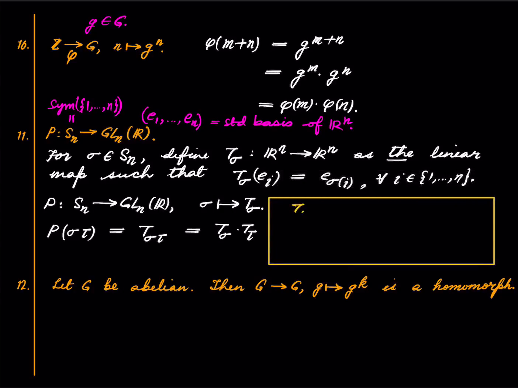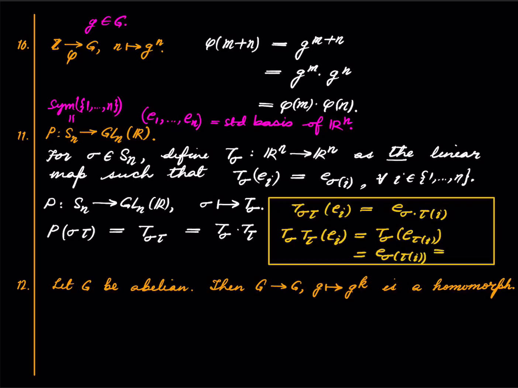So T_sigma tau of e_i is e_sigma tau(i), which I want to show is equal to T_sigma T_tau of e_i. But what is T_sigma T_tau e_i? This is by definition T_sigma of e_tau(i), which by definition is e_sigma(tau(i)), which is e_sigma tau(i).